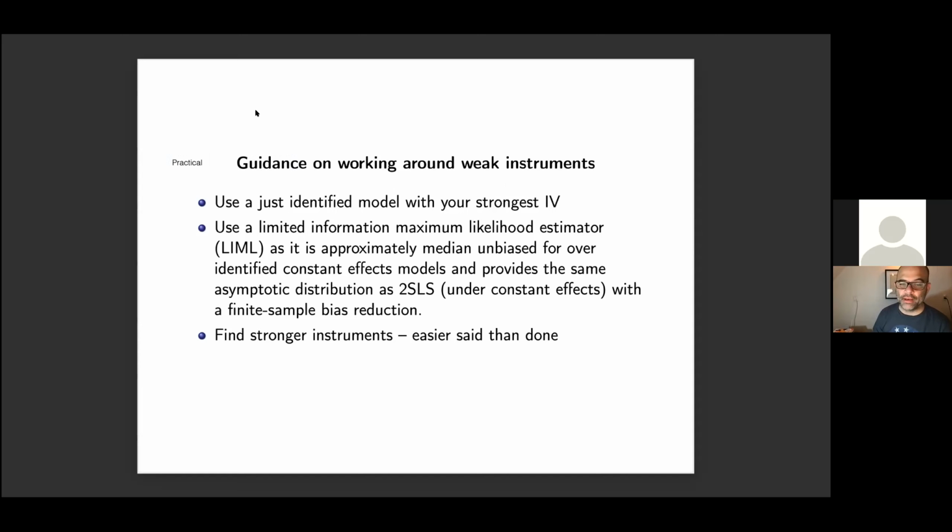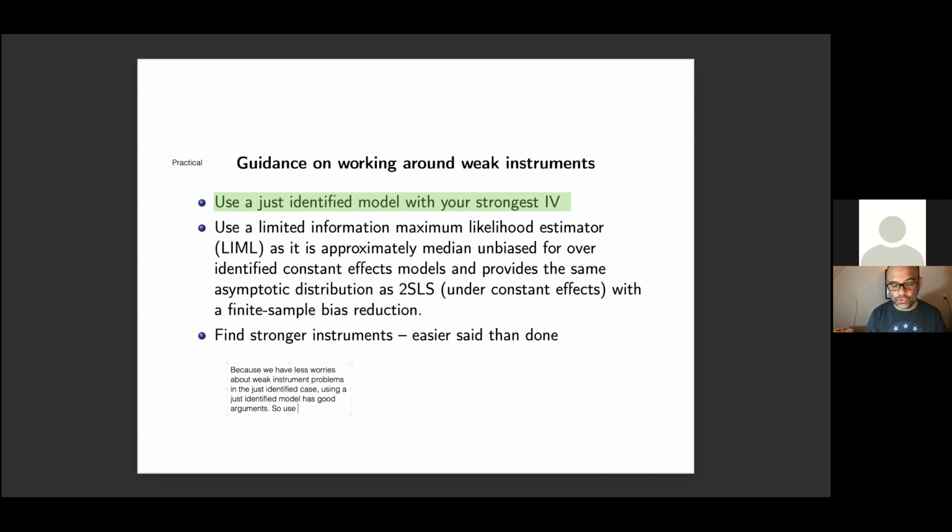The practical guidance. Number one, use a just identified model with your strongest instrument. Because we have less worries about weak instrument problems in the just identified case, using a just identified model has good arguments.